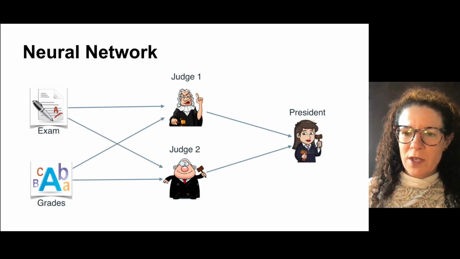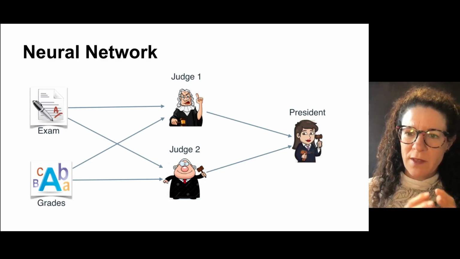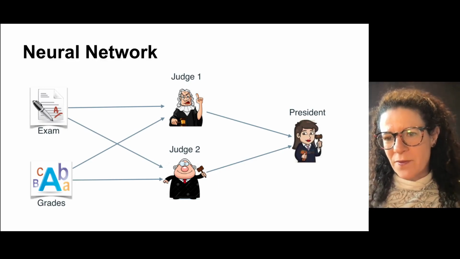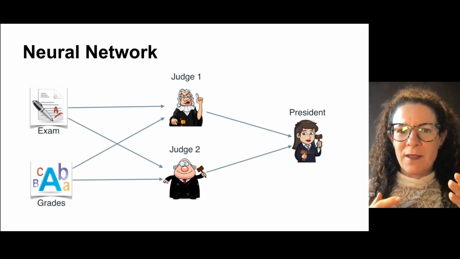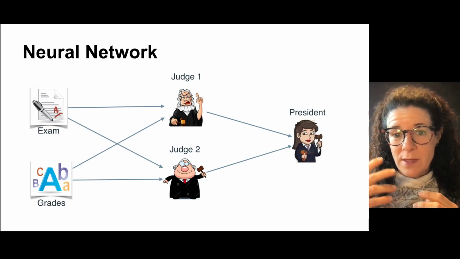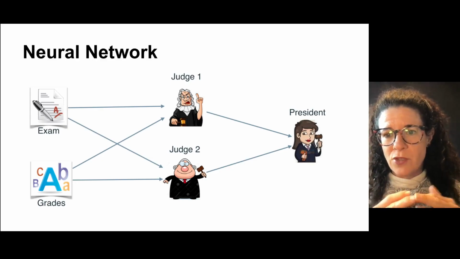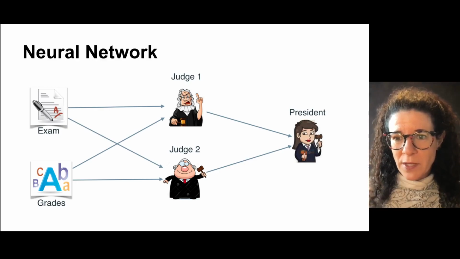So a neural network, in some ways, the way to think about it is that you have these judges, and the judges have some linear decision boundaries. Judge 1 is going to decide for his boundary, his linear boundary, and judge 2 has his own linear boundary.